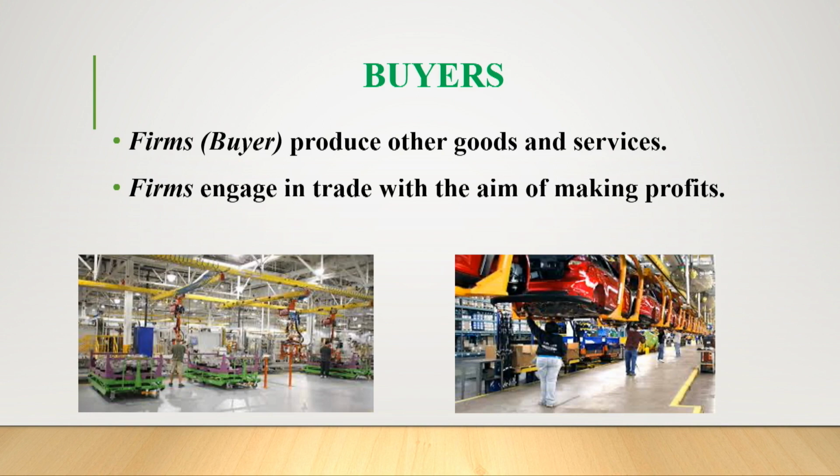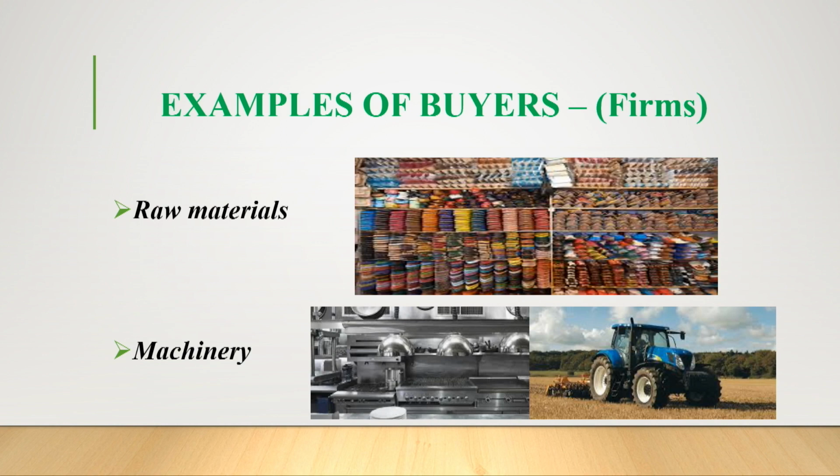Firms, on the other hand, also buy goods and services with the aim to produce other goods and services. Firms trade in products with the aim of making profits. Some examples of goods that firms buy are raw materials, machinery, equipment, and so on.